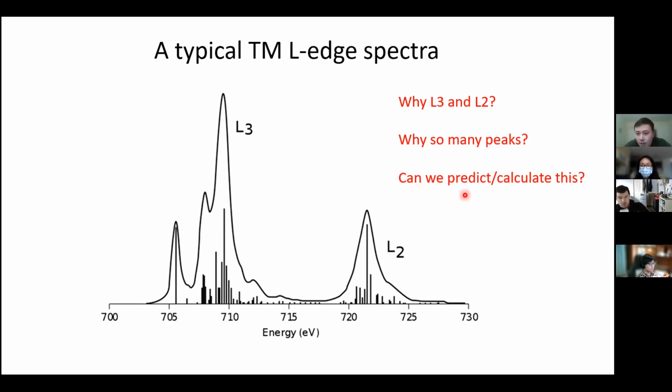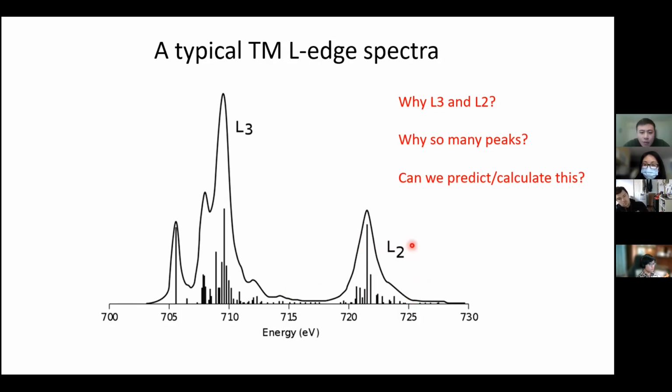And thirdly, which is very practically important: after knowing all this, can we predict or calculate this kind of spectrum? And what kind of information can we get from analyzing it? I think that practically relates to our research. So when we look at a transition metal oxide spectrum like this, what information can we get?